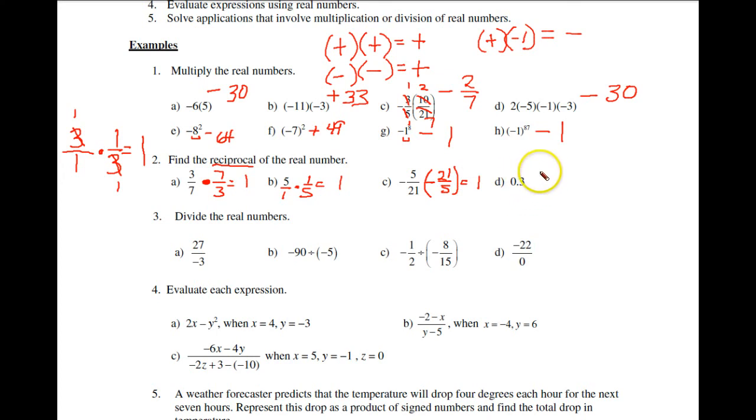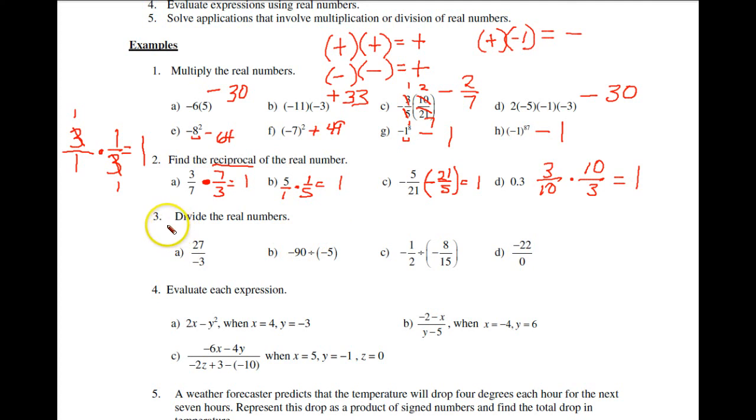This one, in a sense, is 3 over 10. That's what that equals. Then the reciprocal would be 10 over 3. We don't usually write the reciprocals this way. We use this as our fraction, then this. So again, the product is 1.